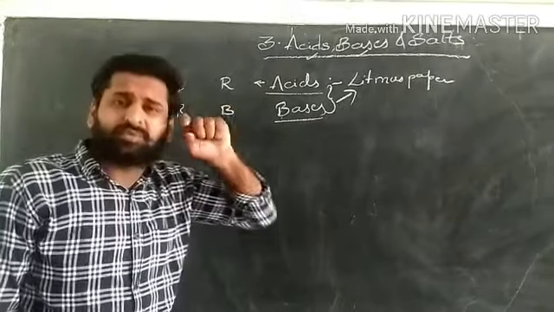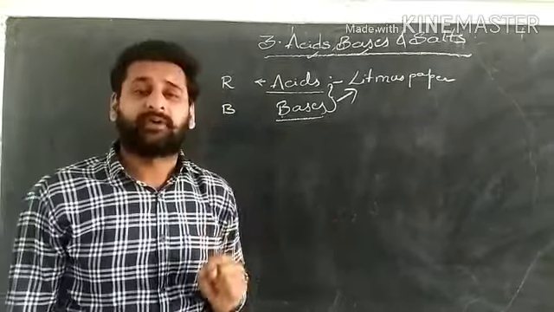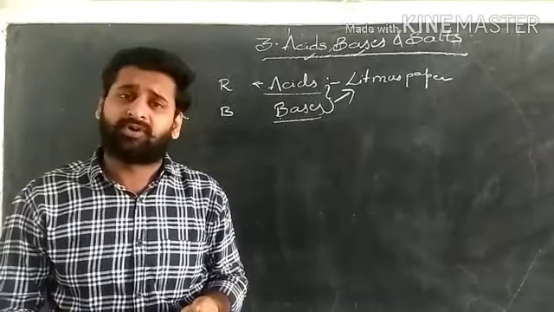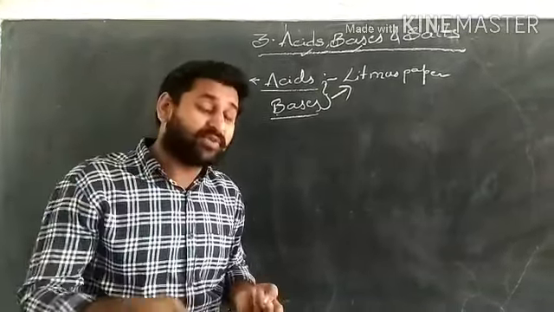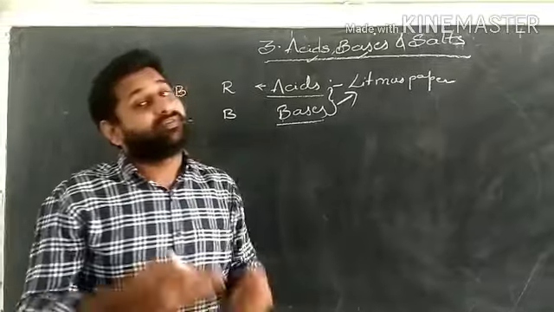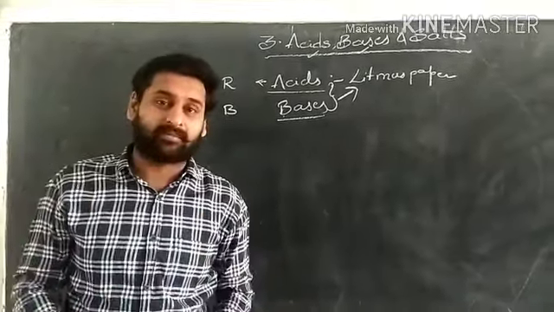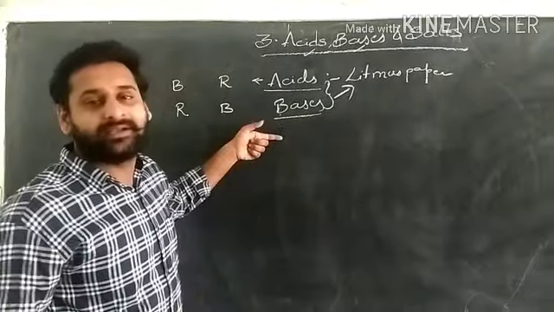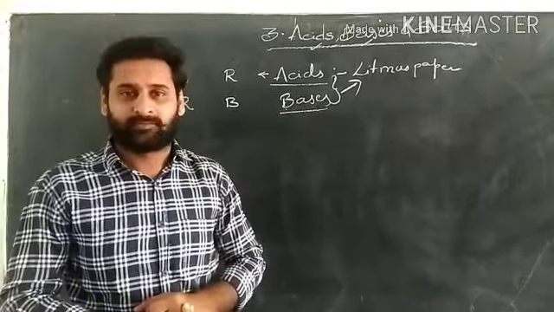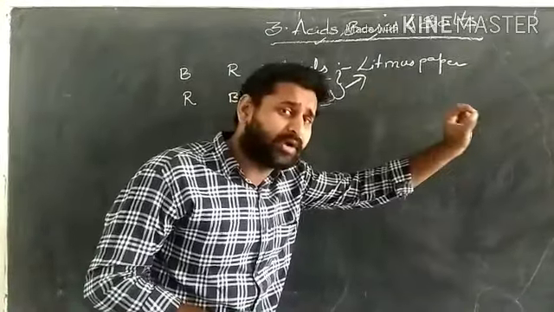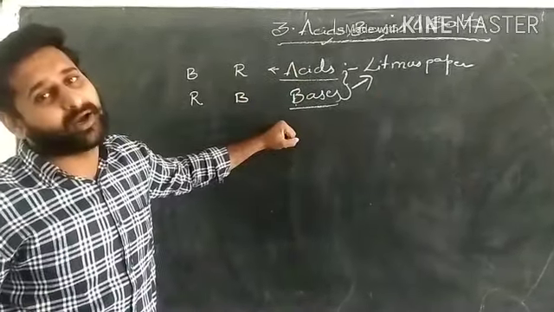These two small points we already have, and how acids perform, how bases perform, what the uses of acids and bases are, and what we get when we add acid and bases, all these parameters we learned in the 7th class. So I can say that was acids and bases part 1 and this is acids and bases part 2.